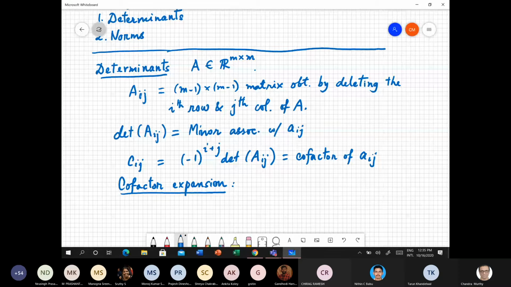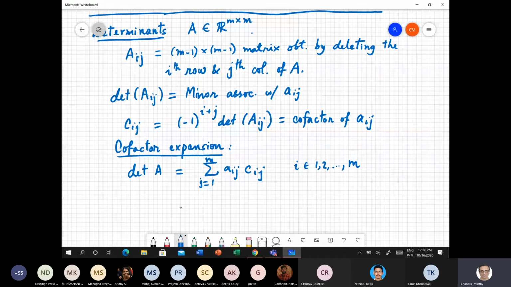So the determinant of A is equal to the summation j equal to 1 to m of Aij times Cij, and notice that there is a floating index i here, i belonging to 1, 2 up to m.